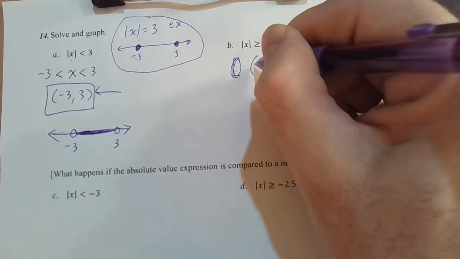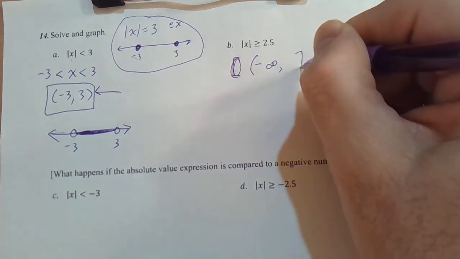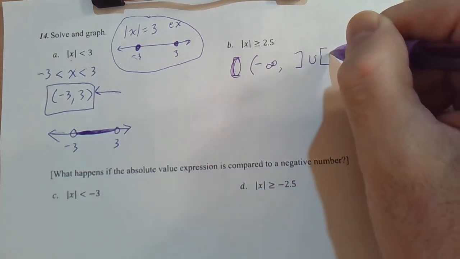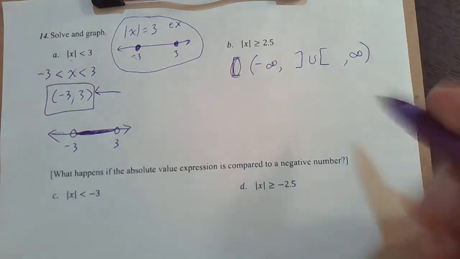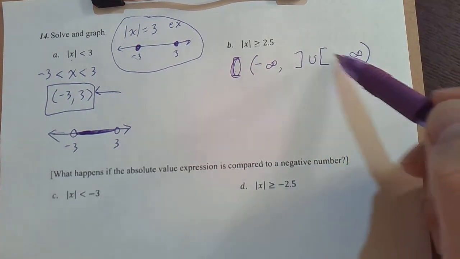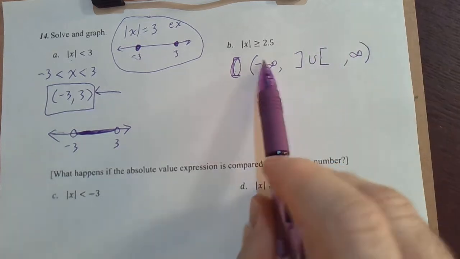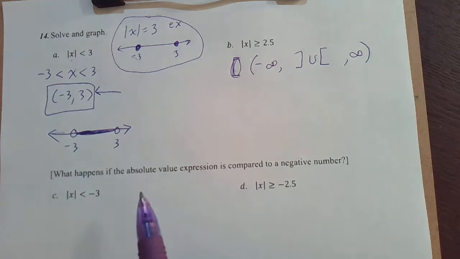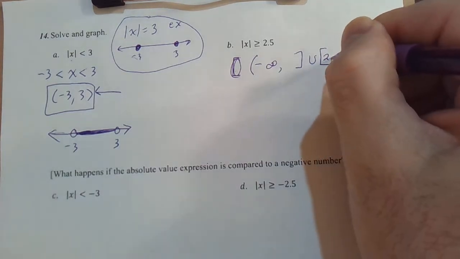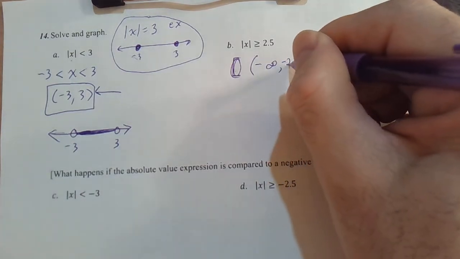Negative infinity up to some number, union some number to infinity. Because it's greater than or equal, it's going to have 2 intervals. And this left one will be the negative infinity in this interval and positive infinity in that. And it turns out it's just 2.5 and negative 2.5.